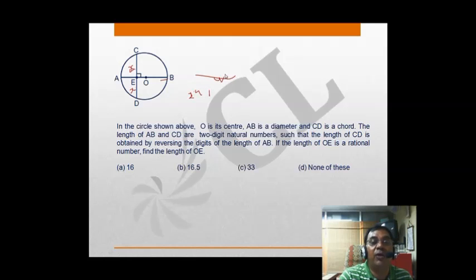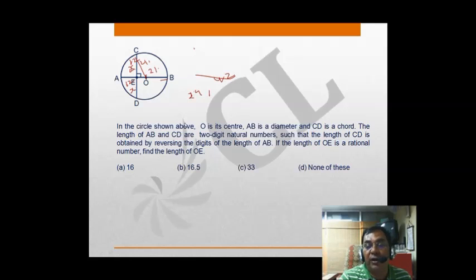Okay, my God, I'll have to keep checking it. 12, 12, 20, 42, this 21, this is 12, so 21 square minus 12 square under root, 441, oh no, this does not come.